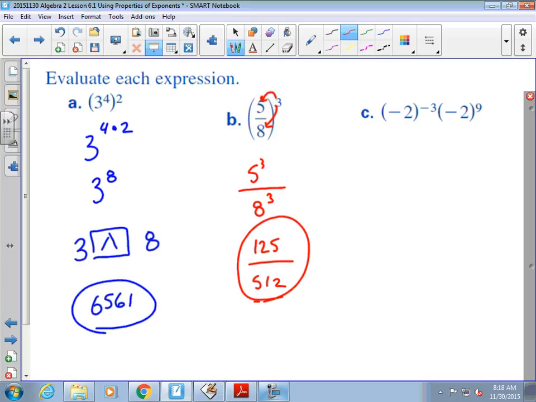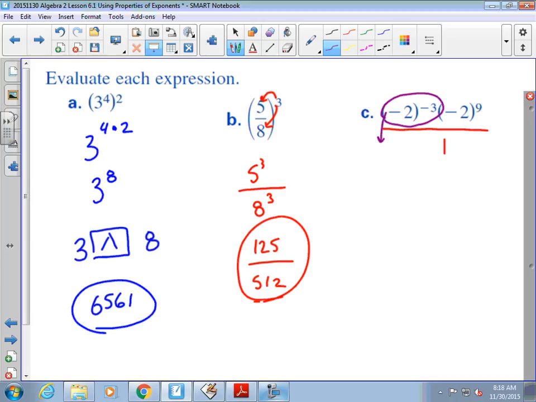Again, you have something being raised to a negative exponent. There is no fraction involved here, so we can create a fraction by putting everything over the number 1. What's being raised to a negative exponent, in this case, is negative 2. This is being raised to the negative 3. So this has to ride the elevator down.